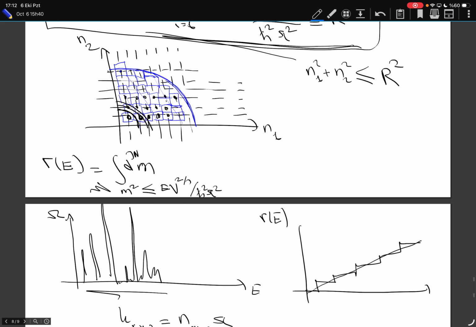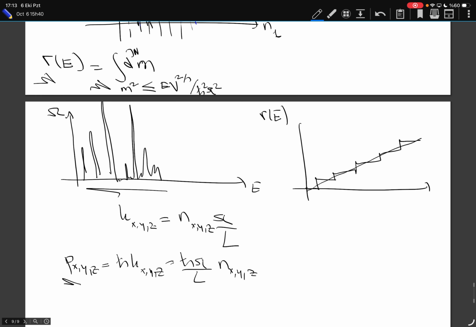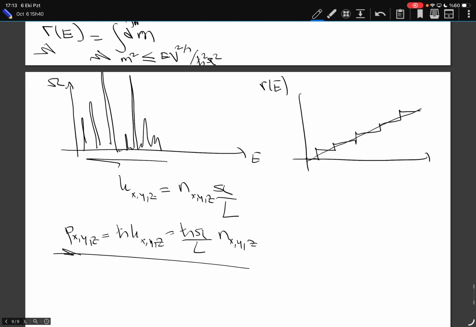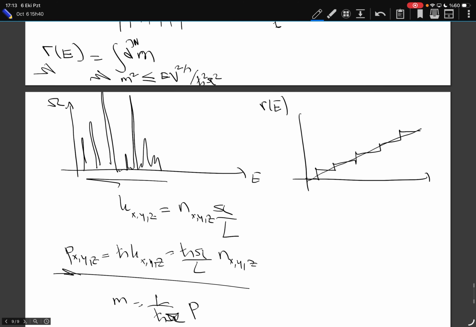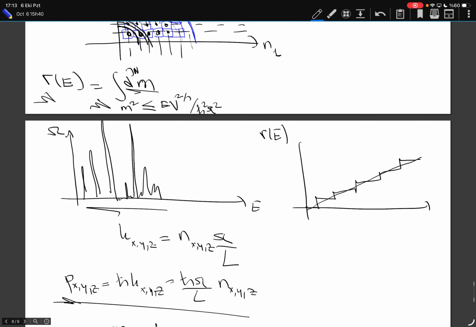Well, I don't want to repeat the derivation that I did before using momentum and coordinates, so I will try to convert this integral to my earlier integral over momentum. That is why I'm looking at how momentum and these numbers m are related. And this is basically the relation. So if I set m is equal to L over h bar pi p, I have gamma of E. Well, there's the d3n over here.